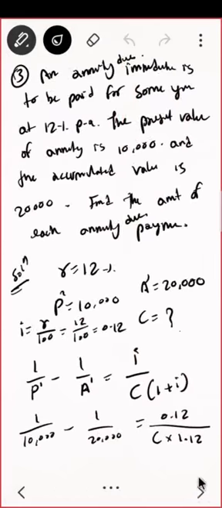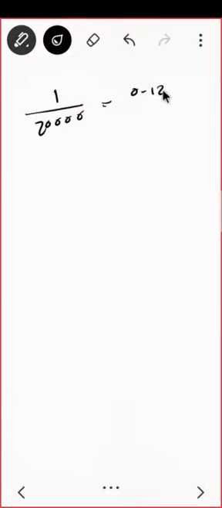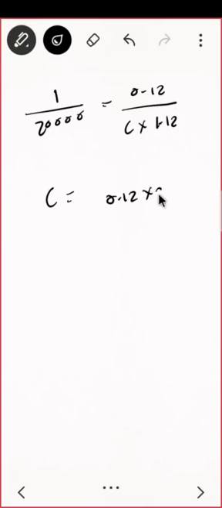So 1 upon 20,000 equal to 0.12 upon C into 1.12. Calculate the value of C. Cross multiply. C will be 0.12 multiplied by 20,000 and divide by 1.12. Correct? Calculate it and tell me.